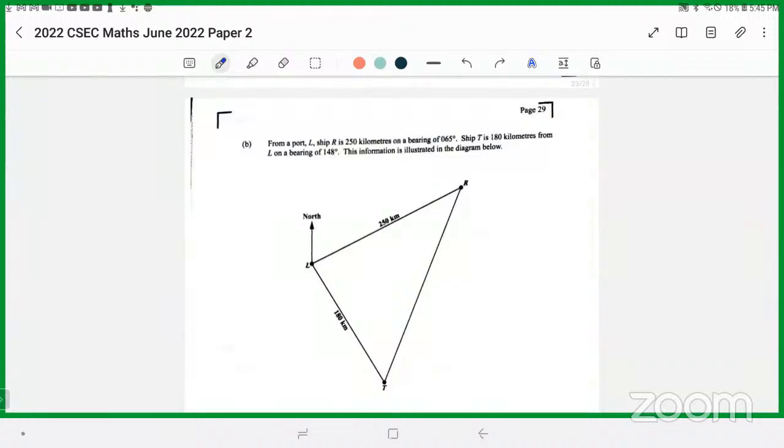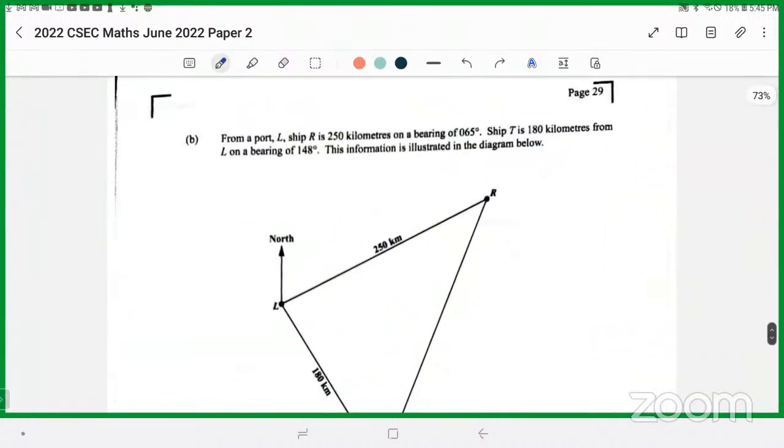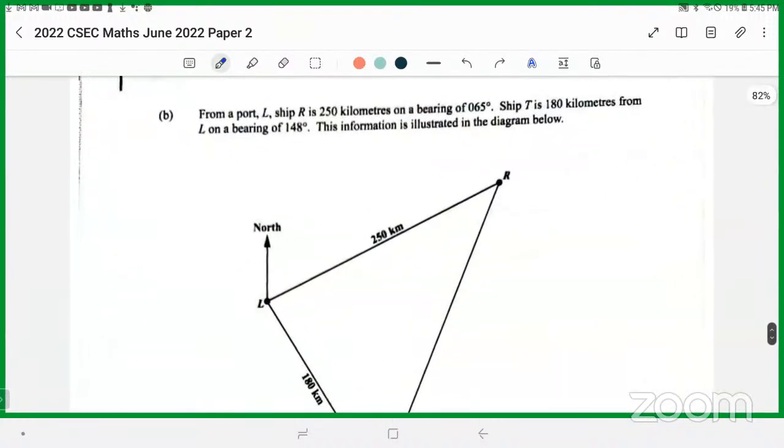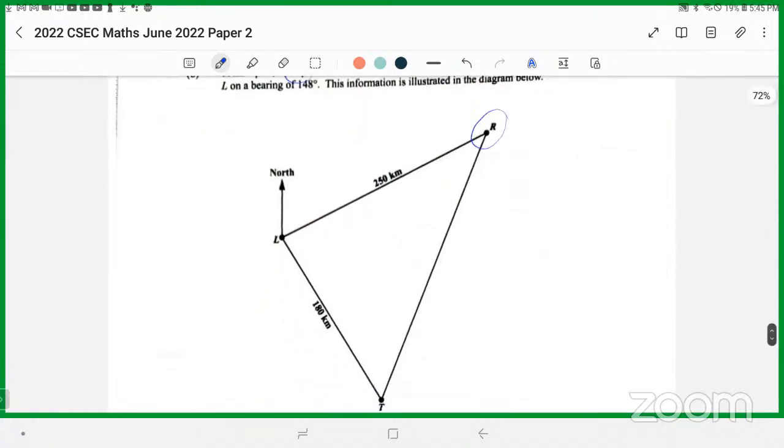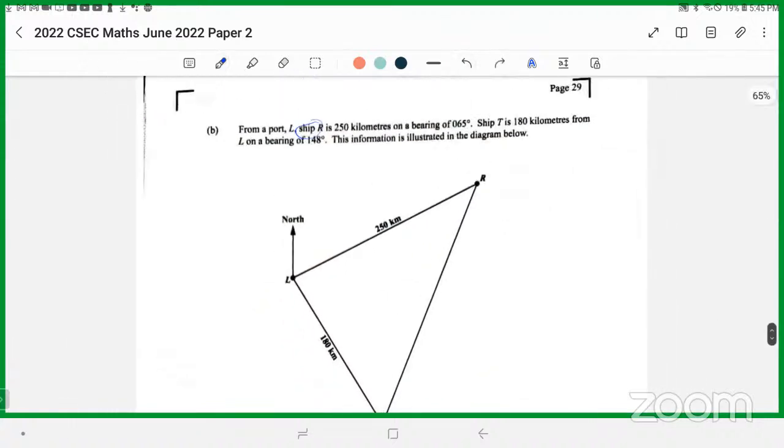So this one says, from port L, ship R. So leaving from port L, and the ship is R. Well, ship R, we'll have R right here. But anyway, it doesn't matter. It says, from port L, ship R, oh, it's 2 ships.